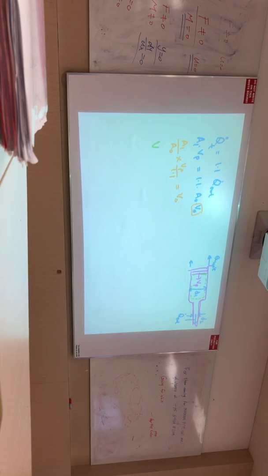Then VO becomes, what is area 1? Pi by 4 times the diameter, 20 millimeter squared, over pi by 4 times 0.7 squared, times 20.